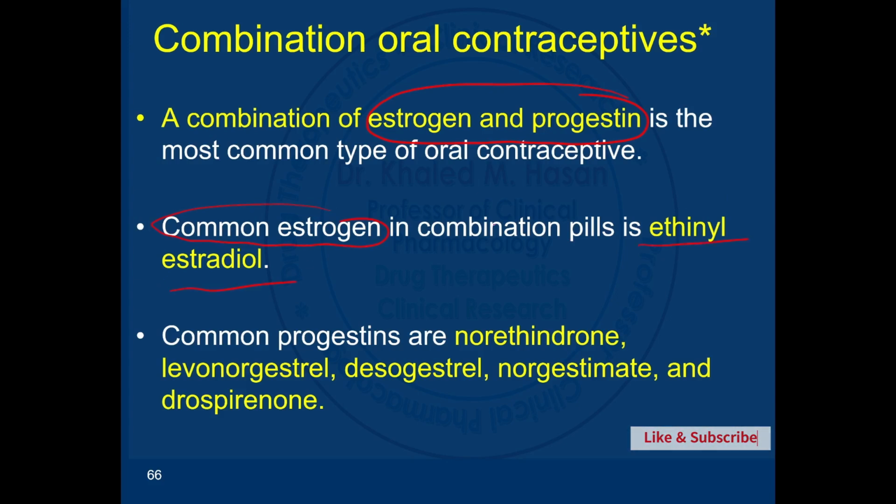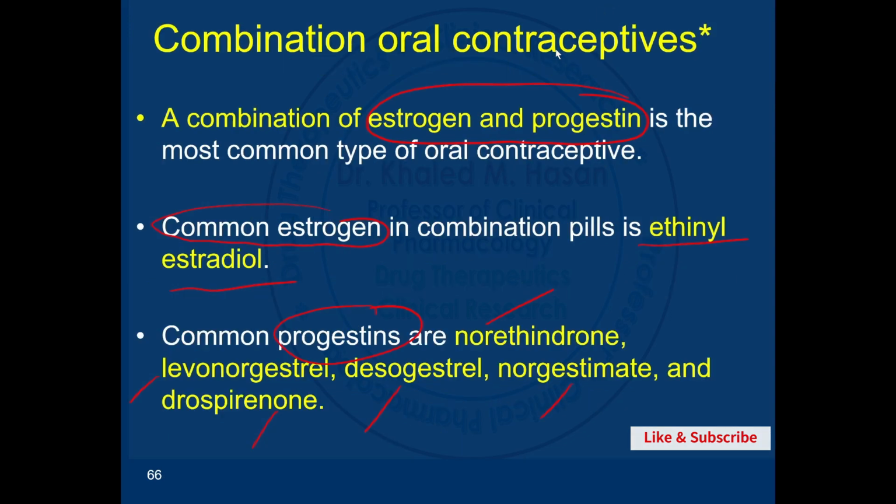Regarding the progestin, it could be norethindrone, levonorgestrel, desogestrel, norgestimate, or drospirenone. So we have several types of progestin in the tablets, not only one.